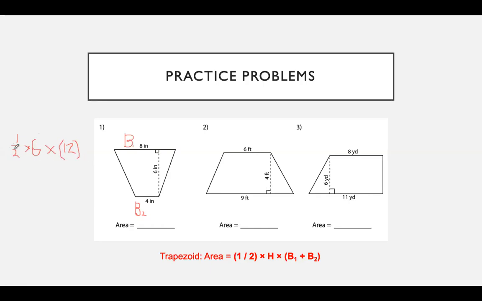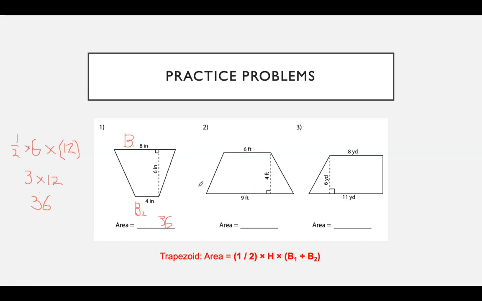And then you just go in order. So 1/2 times 6 gives us a value of 3, times 12 gives us a value of 36. And then you just plug in 36 here.